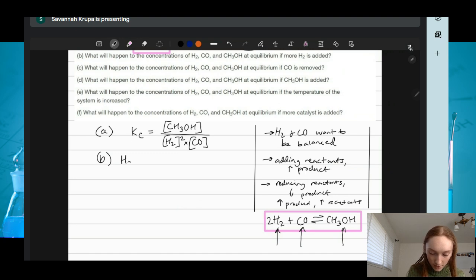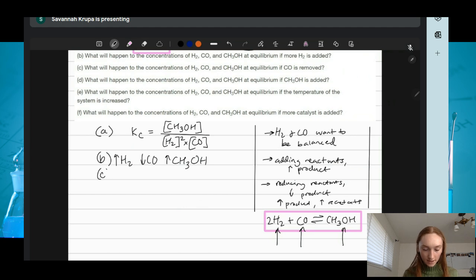So H2 goes up in this reaction. CO goes down, but since we're going to be increasing the amount of H2, we are also going to increase the amount of the product because we're increasing the reactants, or the reactant singular. So we are going to be increasing the product here.